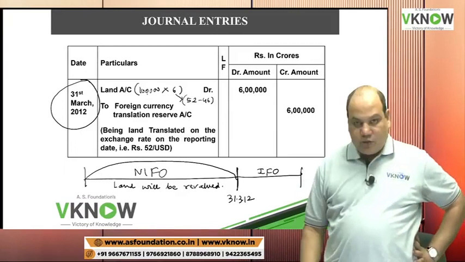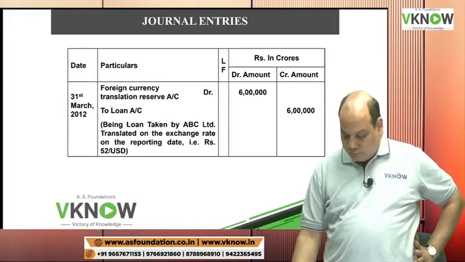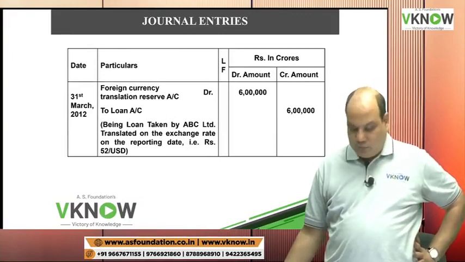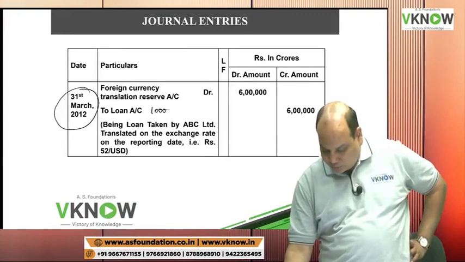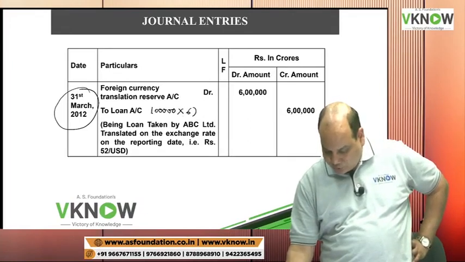One more item is there, loan. So write down one more entry, loan. Loan will also increase by 6 rupees per dollar.